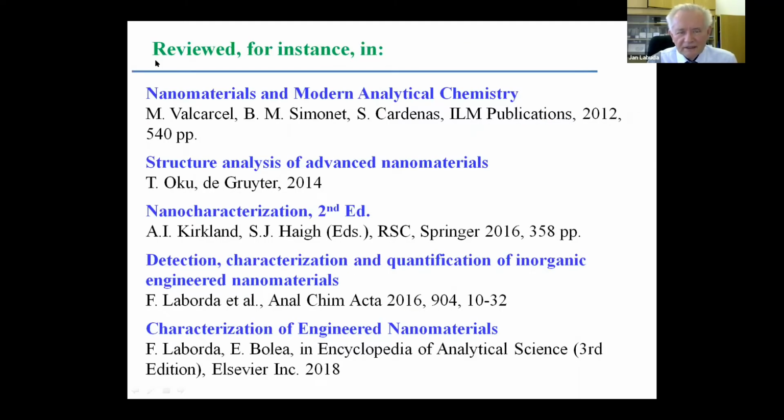The progress within the last decade can be demonstrated by a large number of books and excellent review articles. Some of them are mentioned here. Each of them deals with the characterization of nanomaterials both from the physical and chemical point of view.